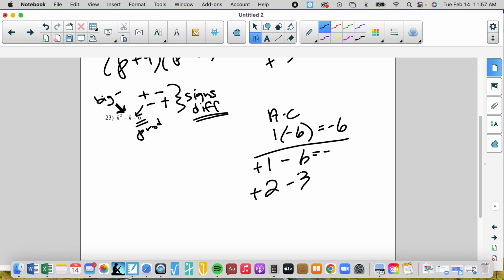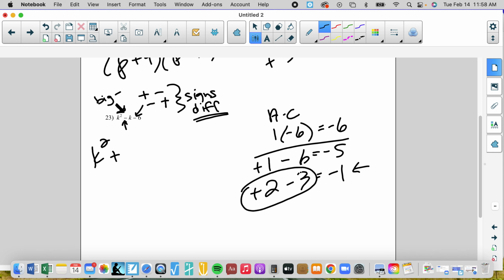Positive 1 and negative 6 makes negative 5. Positive 2 and negative 3 makes negative 1. Which one's equal to my middle? Negative 1. There's negative 1. So my outside and inside is positive 2 and negative 3. So I'm going to rewrite this: k squared plus 2k minus 3k minus 6.